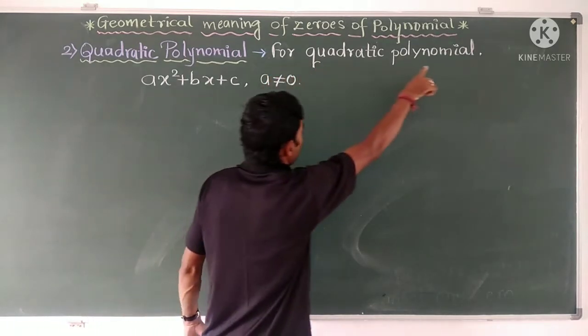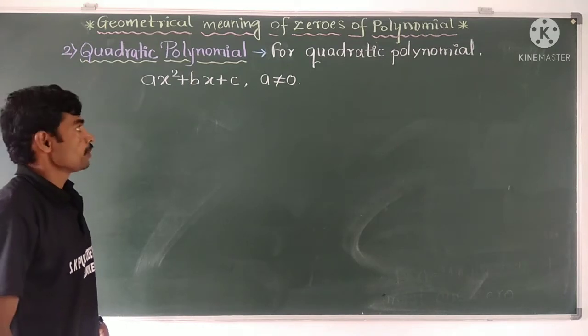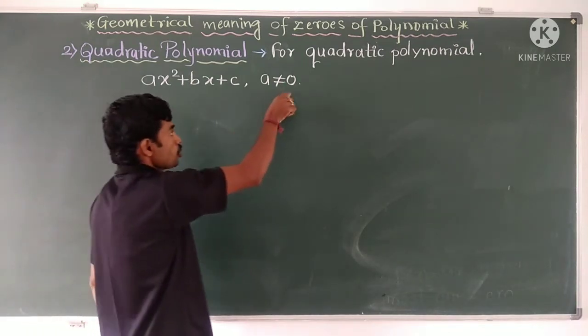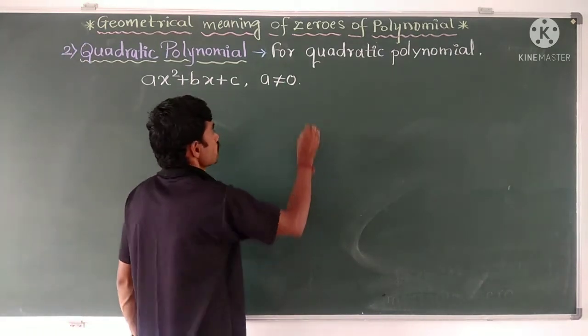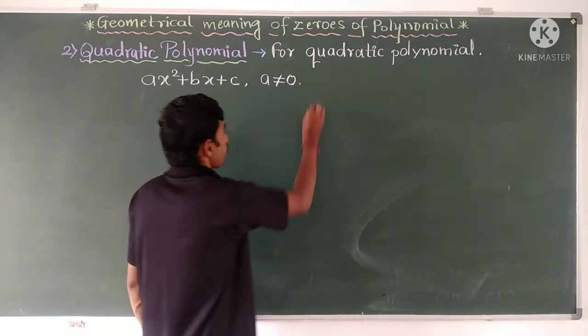For the quadratic polynomial ax square plus bx plus c, a is not equal to 0.